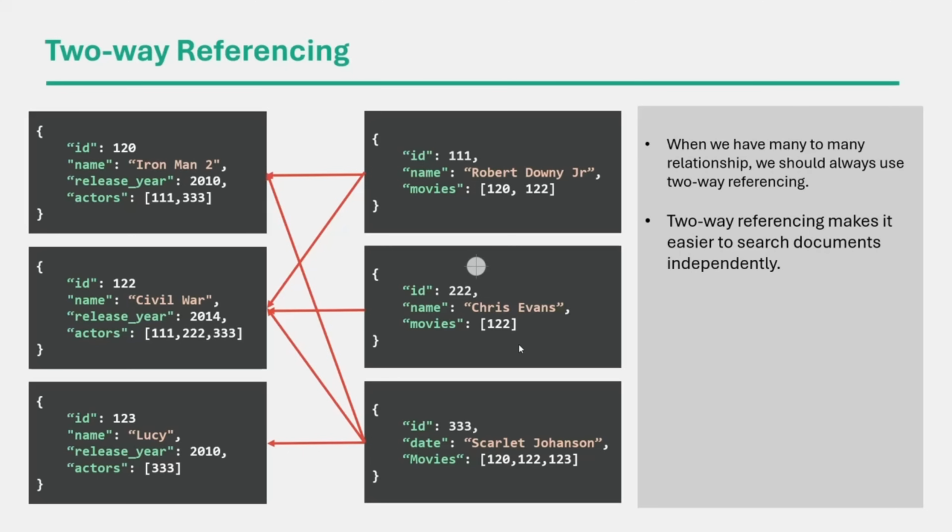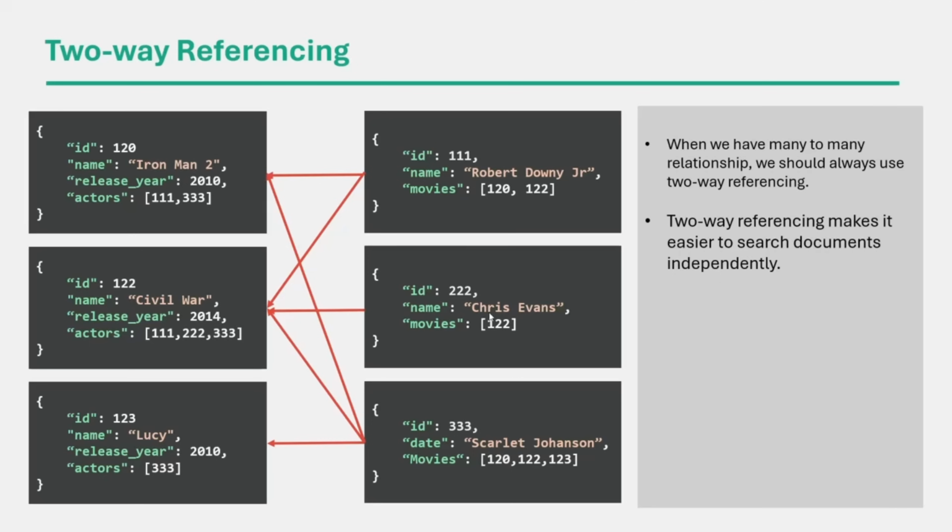This type of referencing occurs only when we have a many-to-many relationship between the data entities. And when we use two-way referencing, it makes it easier to search each document independently. For example, we can search movie and actor documents separately while also making it easier to find actors associated with the movie and the movies associated with each actor.